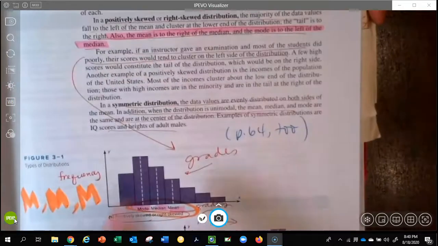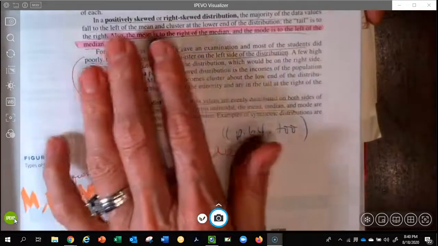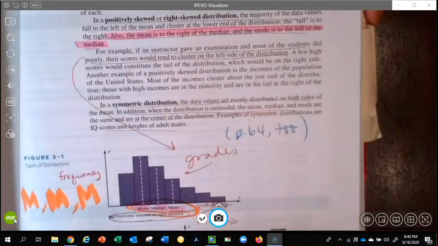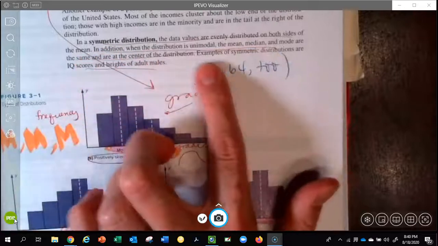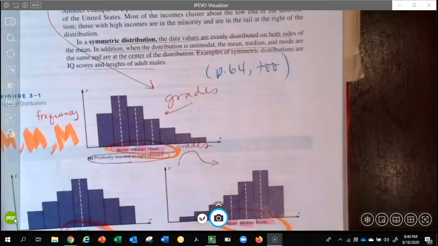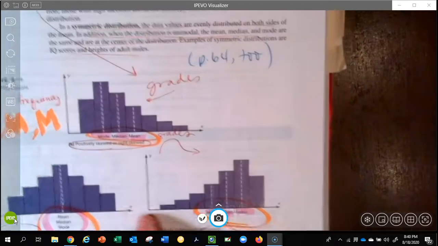It gives us a little bit more description about the left tail and the right tail, and it mentions tests and symmetric. And symmetric is just evenly distributed on both sides. It mentions IQ scores. If you've ever had any dealings with IQ tests, they have the middle and then they branch off into the other sides. It does mention a little bit more on the next page about this left tail skew.